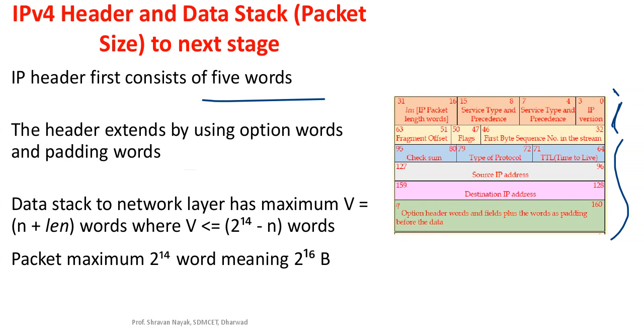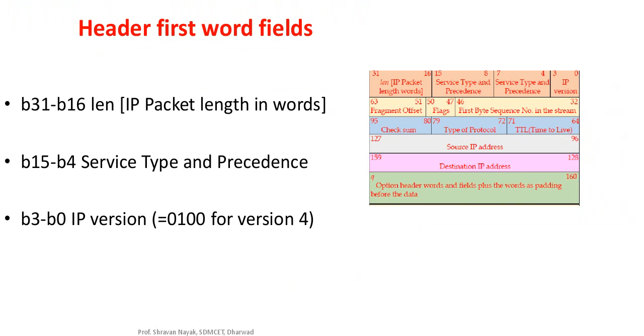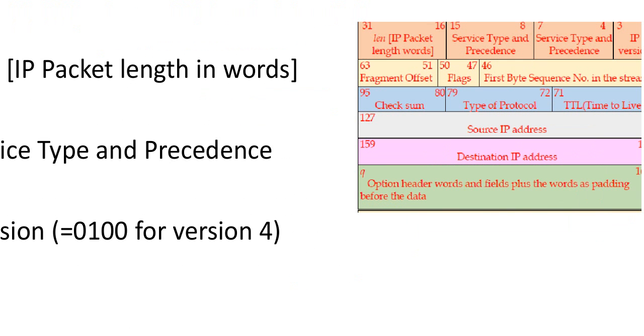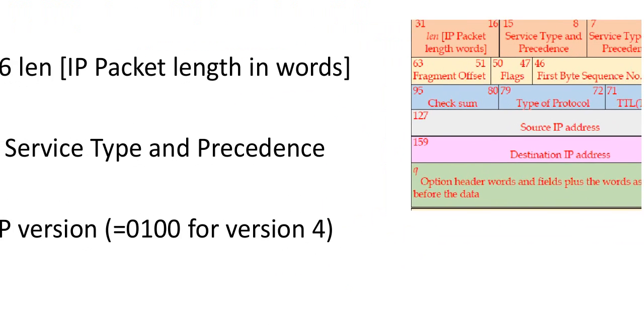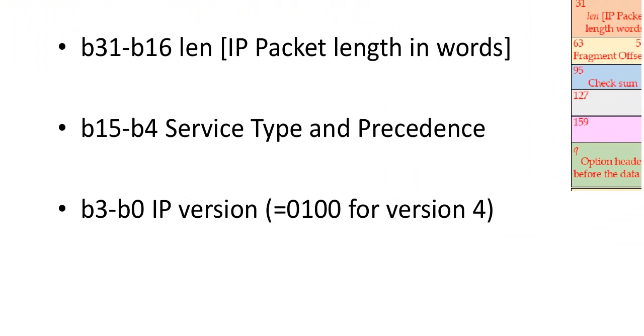I will come to this particular point. Let us not go into the details right now, right? So now here I will show you. Yeah, so now if you look at this particular diagram, okay, I will make it a little small. Okay, so what exactly the fields are, right?